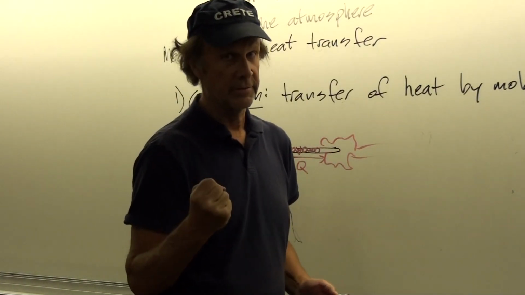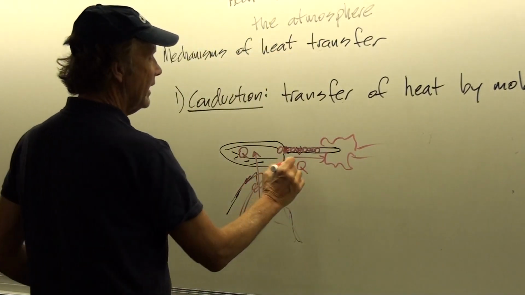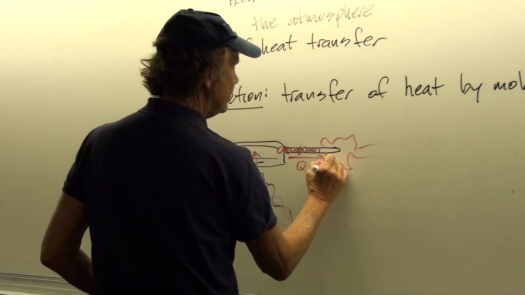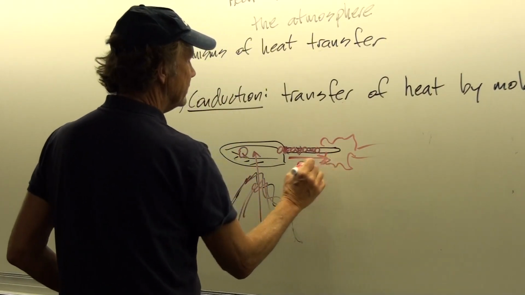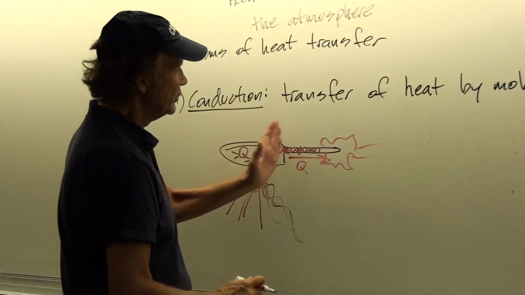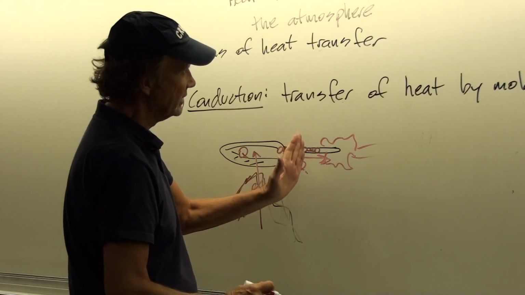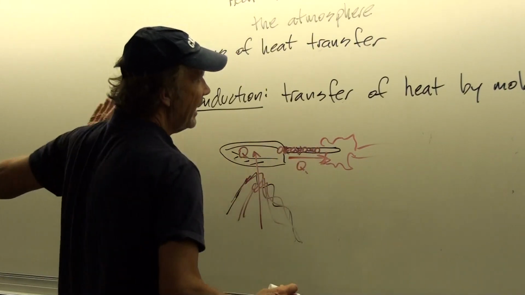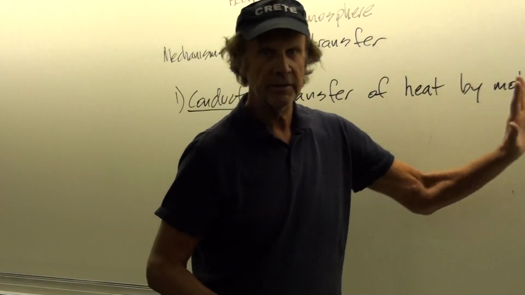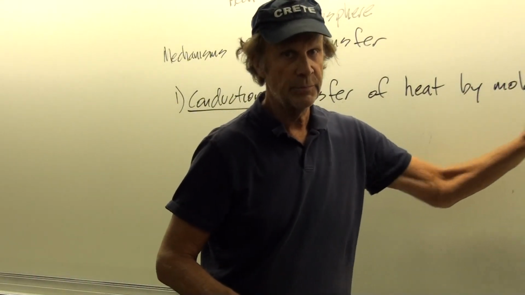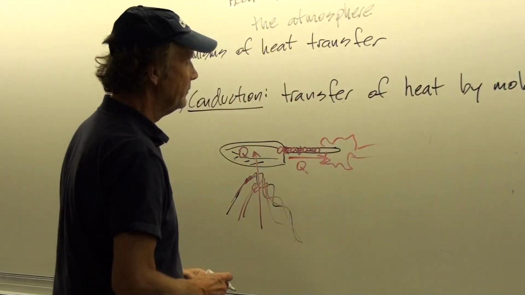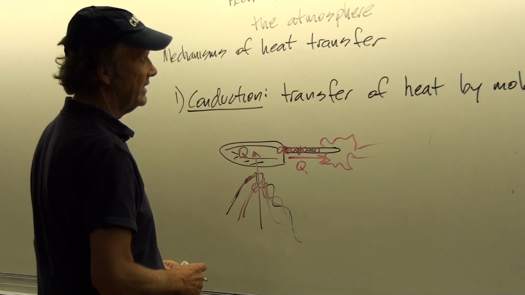You get burned. Okay? The reason you get burned is because there's a very rapid flow of heat. So one molecule pushes against the next, that pushes against the next, that pushes against the next, and the rate at which these molecules start to speed up in their motion is a rate at which the heat flows.